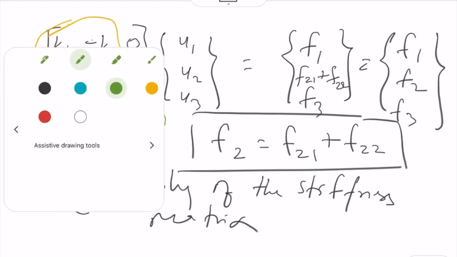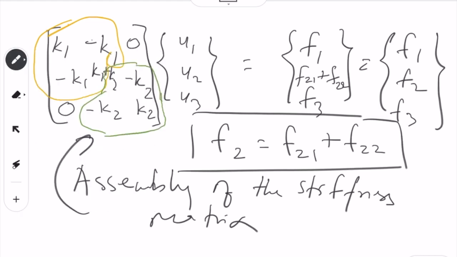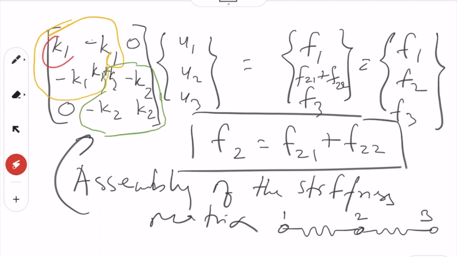So what I mean to say is, if you look at the springs, we have like this one, 1 2 3. So first we have K1, minus K1, minus K1, K1 you have that, and then you are going to add K2, minus K2, minus K2, K2, and then you are going to multiply it by U1 U2 U3 equal to F1 F2 F3.